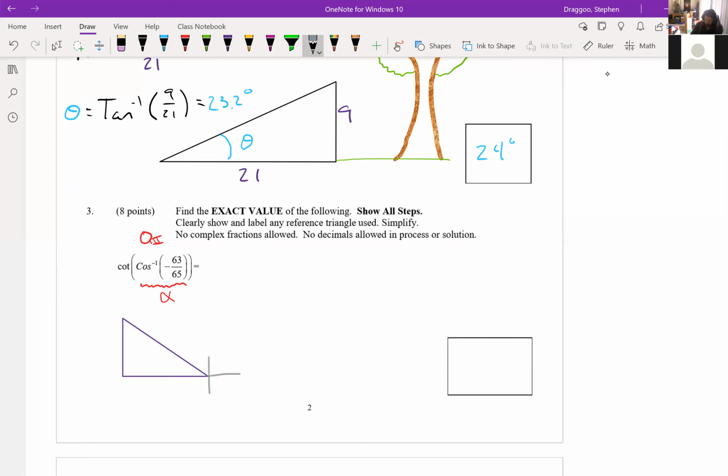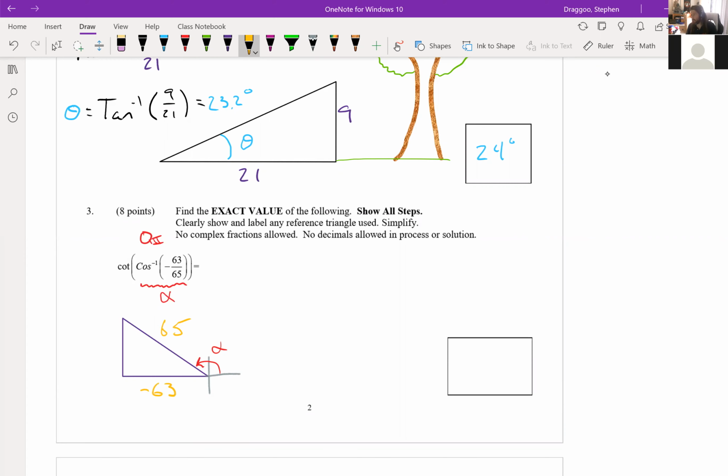So we'll put our coordinate axes on here. That red angle right there is going to be alpha. And if we label the stuff that was given to us, negative 63 is the adjacent side, which means 65 is the hypotenuse.